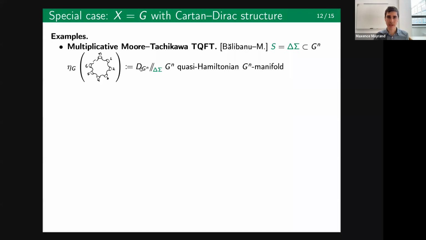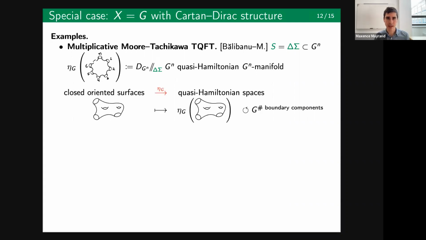This is the double of G^n. Then this gives us a quasi-Hamiltonian G^n manifold, and we associate this with the n-punctured sphere. Then we checked that this can be extended to a map associating closed oriented surfaces with quasi-Hamiltonian G spaces, such that it has as many G actions as there are boundary components.